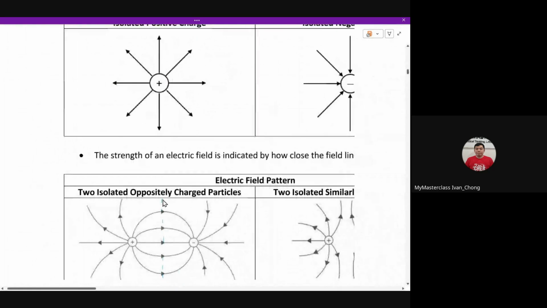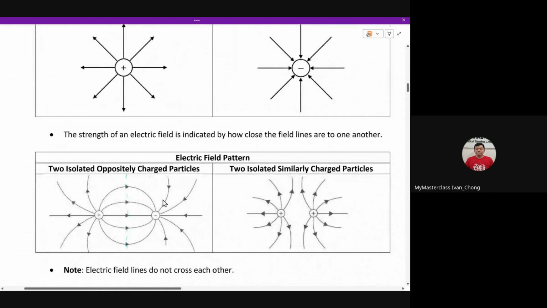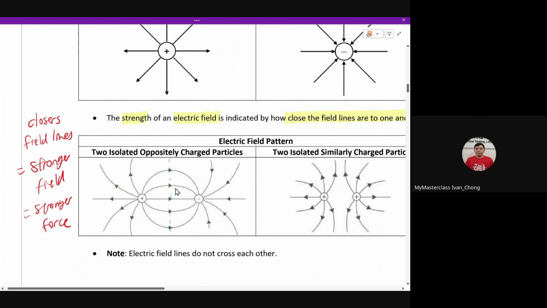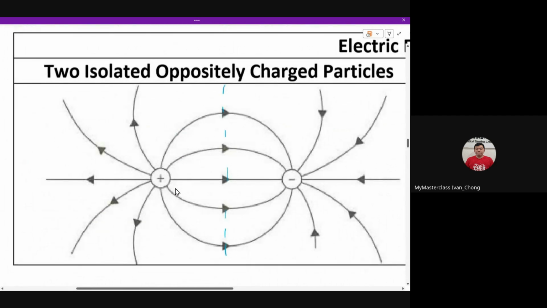Okay, and if you recall your gravitational field, we also learned about gravitational field strength g, correct? But for electric field, we don't really need to do so. Basically, the closer you are, the stronger it is. Okay, so closer field lines equal stronger field, equal stronger force. So basically, the closer you are, the stronger the attraction and the stronger the repulsion itself. If you notice this part, the lines are very close, right?